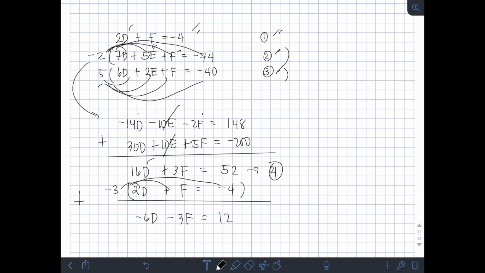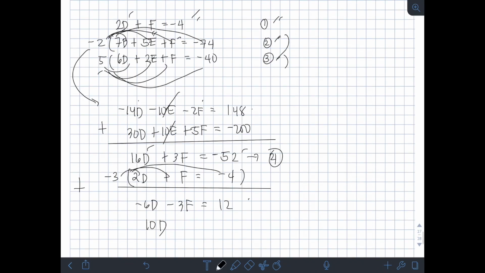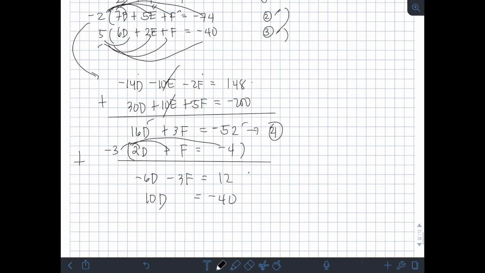So, 16D plus negative 6D is positive 10D. And then, we have negative 52 pala ito. Kasi nga, 148 plus negative 200 is negative 52. So, we have negative 52 plus 12 is negative 40. Right? Then divide both sides by 10 to solve for D.